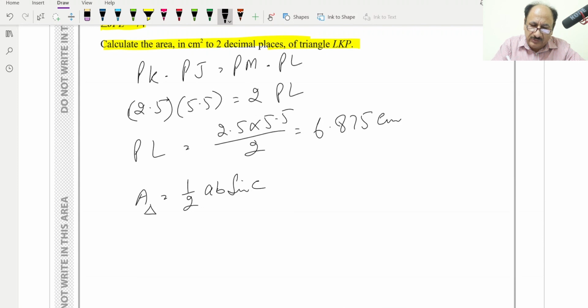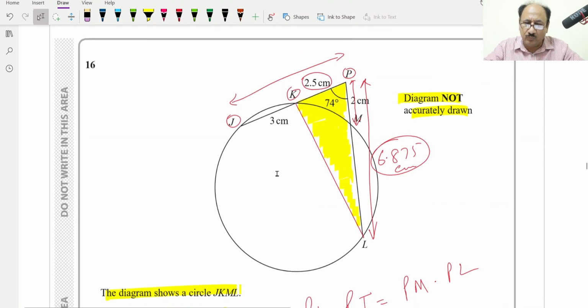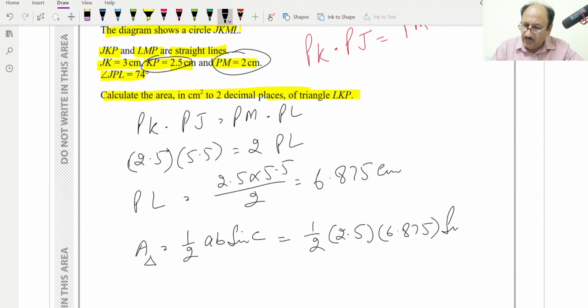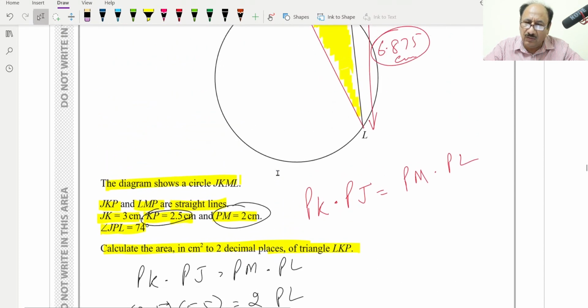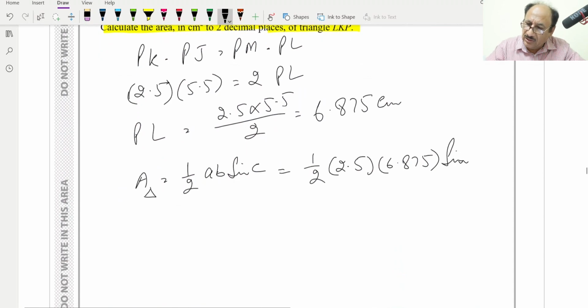This is equal to 1 by 2 and one side into the second side. One side is 8.75, the other side is 2.5. So 2.5 into 6.875, and sine of angle 74 degrees.